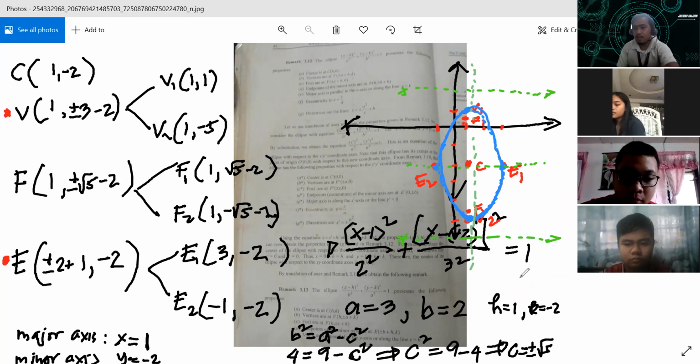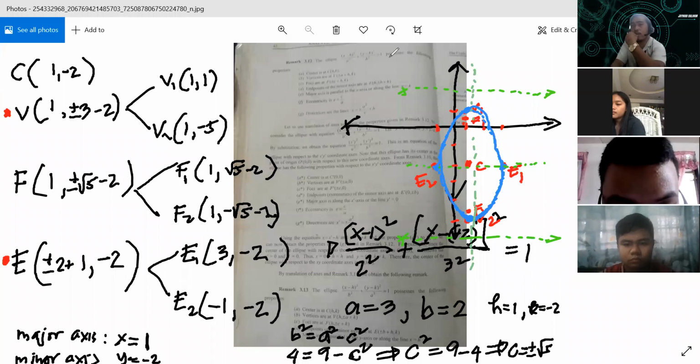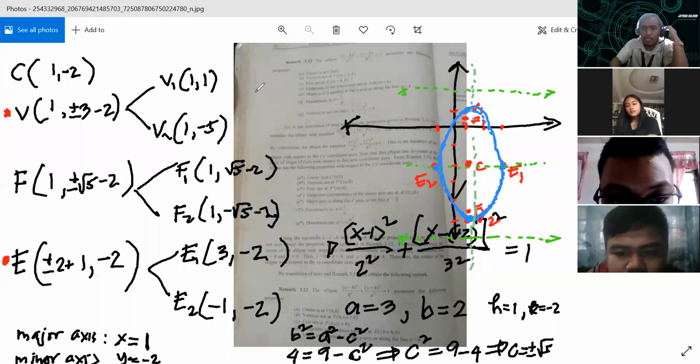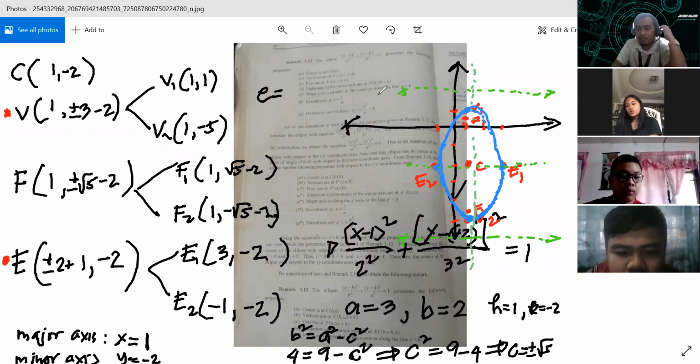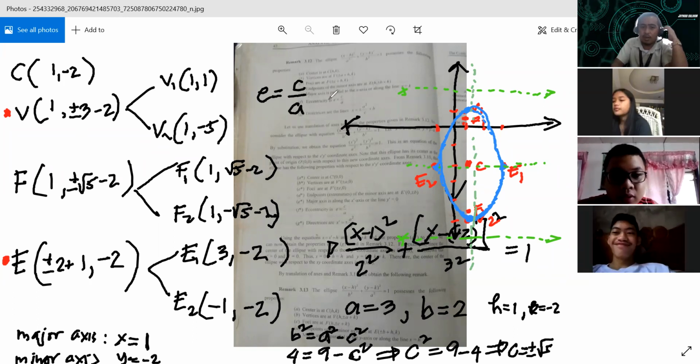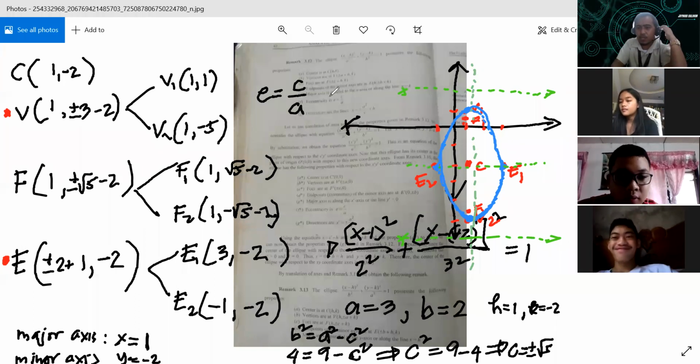Okay? By the way, class, one more thing. Let me ask you. What is the eccentricity here? Because the eccentricity will check whether you got it correctly or not. What is the formula for eccentricity? C over A, sir. C over A. What is your C here?